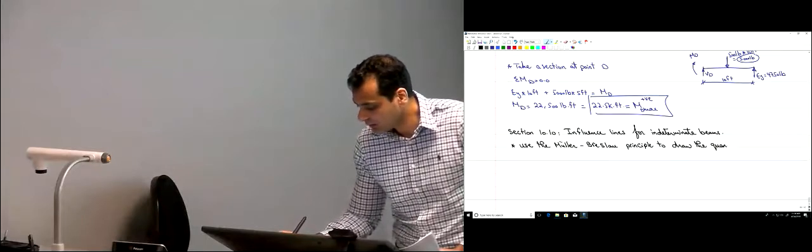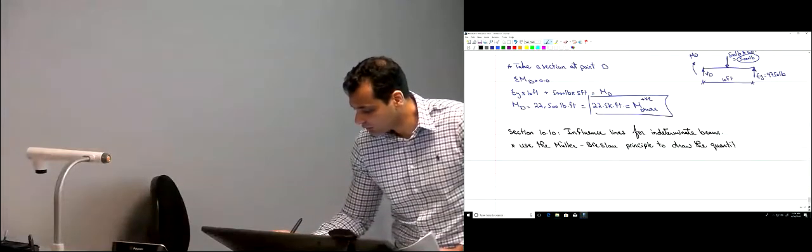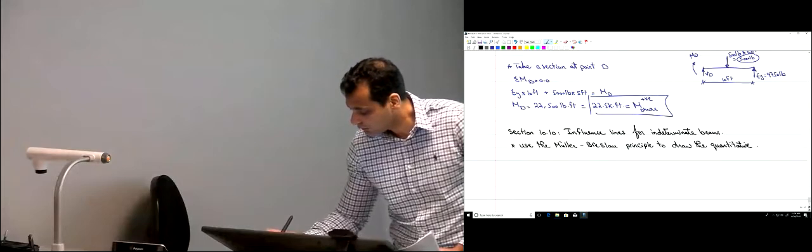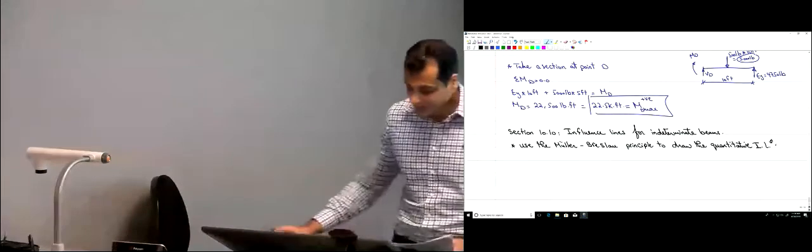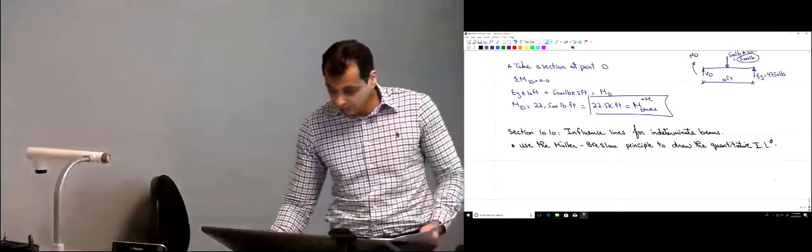So you're not going to be able to find any values. So let's see some examples.